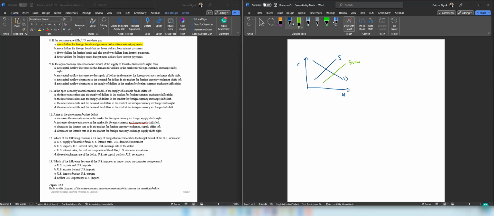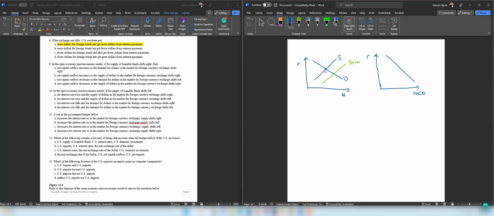Now next we need to draw the net capital outflow market. Here in this market we have again the real interest rate, and on the horizontal axis net capital outflow, and it's a downward sloping curve because net capital outflow goes down when the interest rate increases.